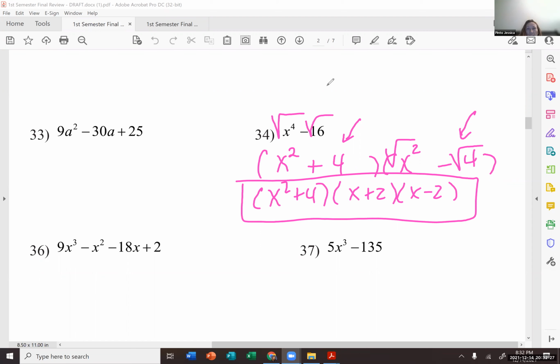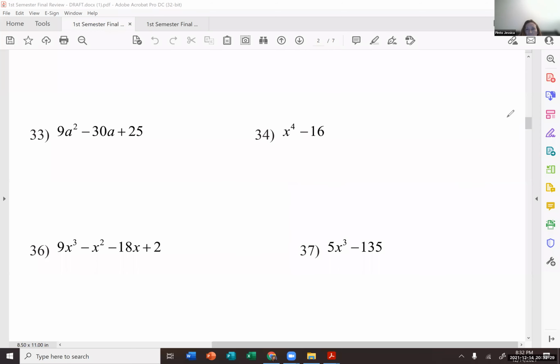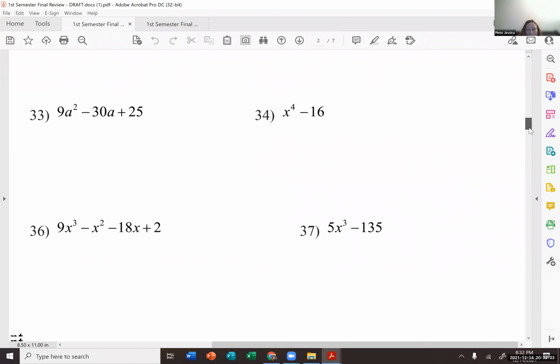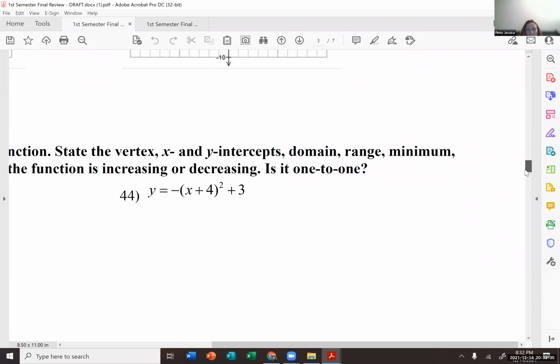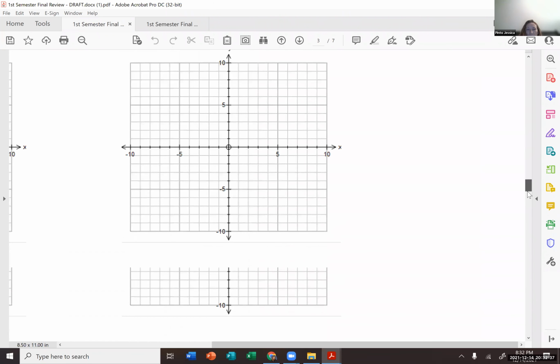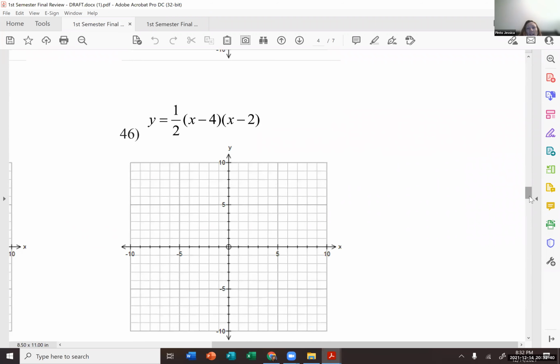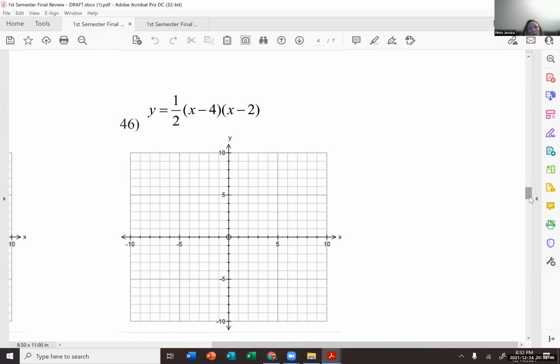Then for 46, is a quadratic in intercept form. So when I see this one, I think, okay, I just need to find the two x-intercepts, and that will help me find the vertex.